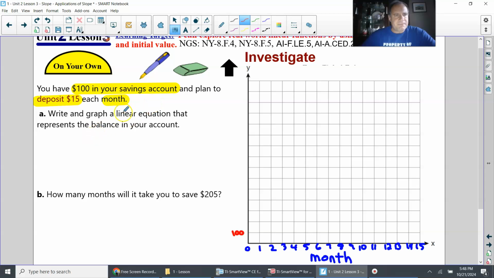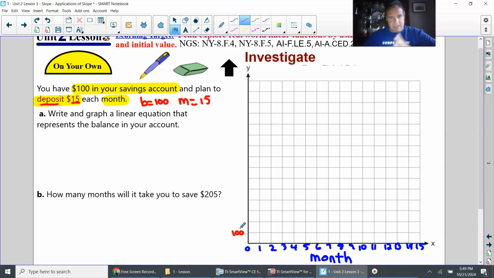So the b equals 100. The slope, the m, is how much that person is depositing each month. So if the x is going by months, he starts with $100, and after the first month, he's going to add $15 to the 100.